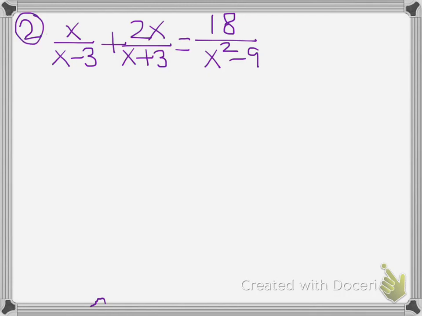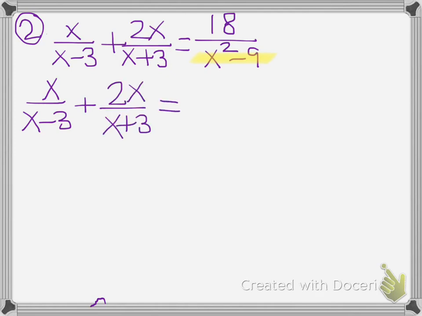So step 1, the first thing you want to do is you want to factor this denominator right here to make sure that they'll help you find your common denominators. So we have x over x minus 3 plus 2x over x plus 3, and that's going to equal 18 over x minus 3 times x plus 3.